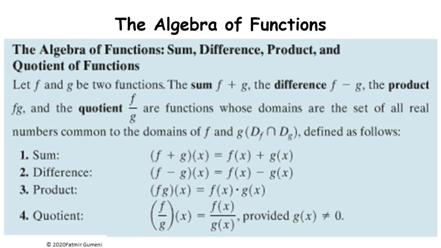They are defined as follows: sum f plus g of x equal f of x plus g of x, difference f minus g of x equal f of x minus g of x, product f times g of x equal f of x times g of x, and quotient f divided by g of x equal f of x over g of x, provided g of x not equal to 0.